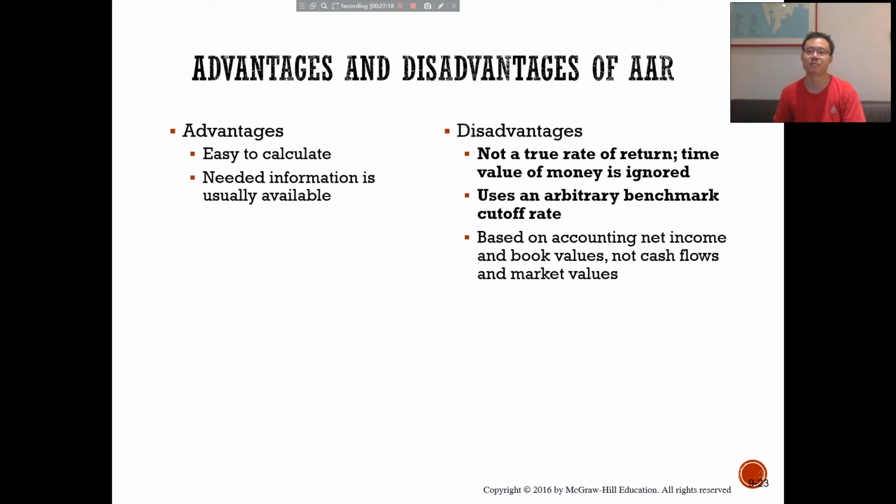It's also based on the net income and book values, not cash flows and market values, because the assets in your book, that means financial statements, may not be really the market value.